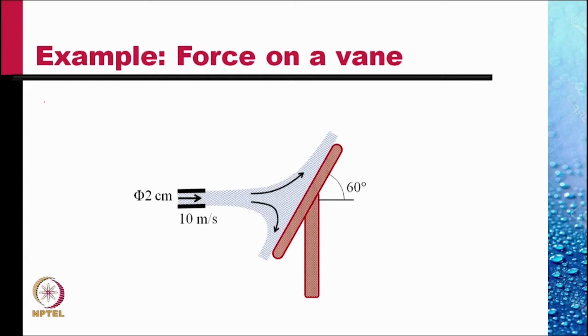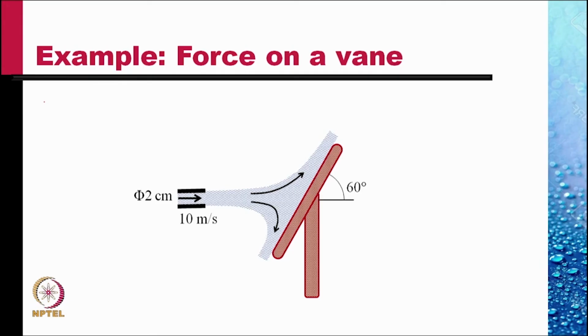A simple example of a force on a vane. Let there be a vane at 60 degrees, a jet of water coming from an orifice of diameter 2 centimeters at 10 meters per second impinges on this vane and is divided in two equal streams, one going up the vane, the other going down the vane.